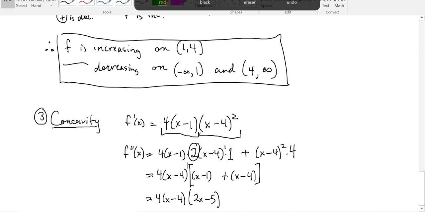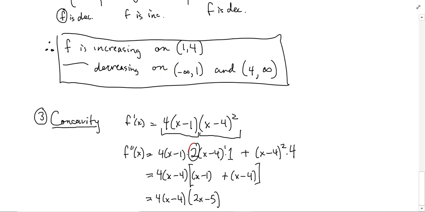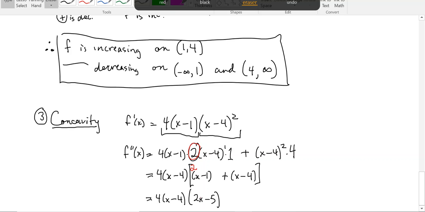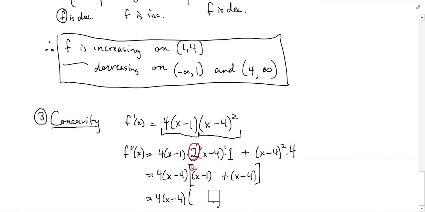I dropped that factor of 2, just slipped my eyes there. So there's a factor of 2 here, which makes this 2x minus 2 plus x is 3x, and then there is a minus 4 here as well.